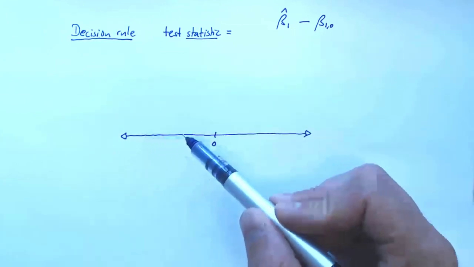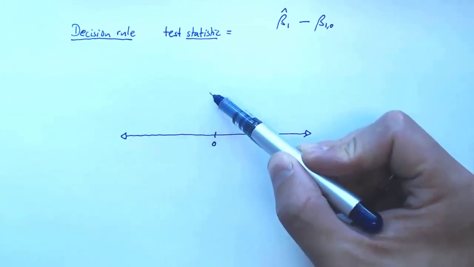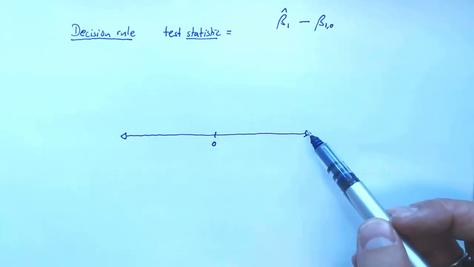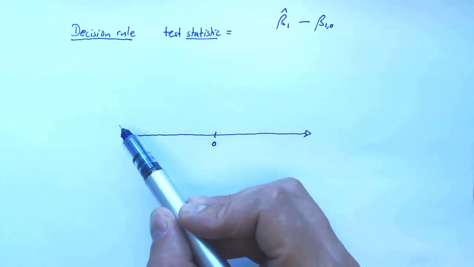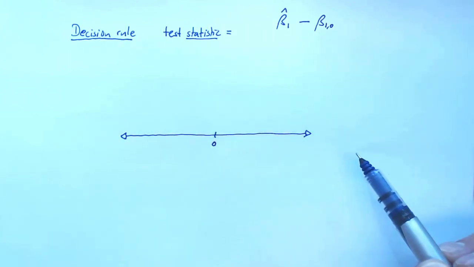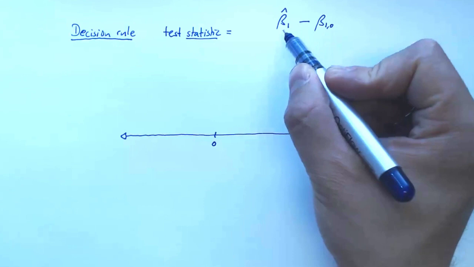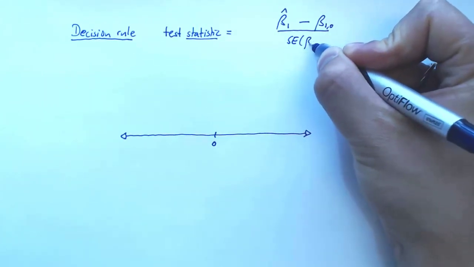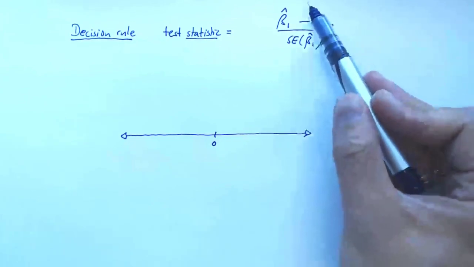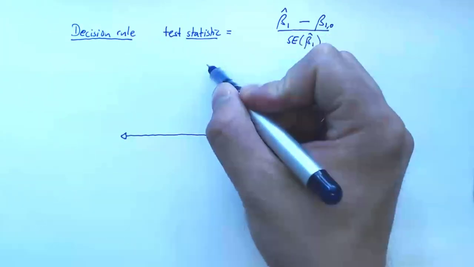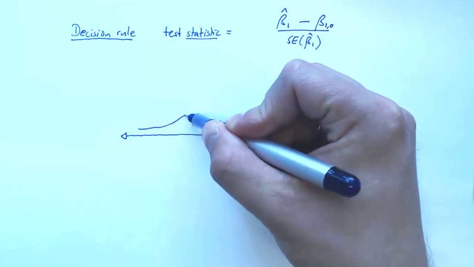So I don't know, should I draw a density that corresponds to a very small variance, or should I draw a distribution that is very spread out and has a large variance? The way to fix this is that we divide here by the standard error of beta hat 1. And then we know under the null hypothesis, this will have a standard normal distribution.